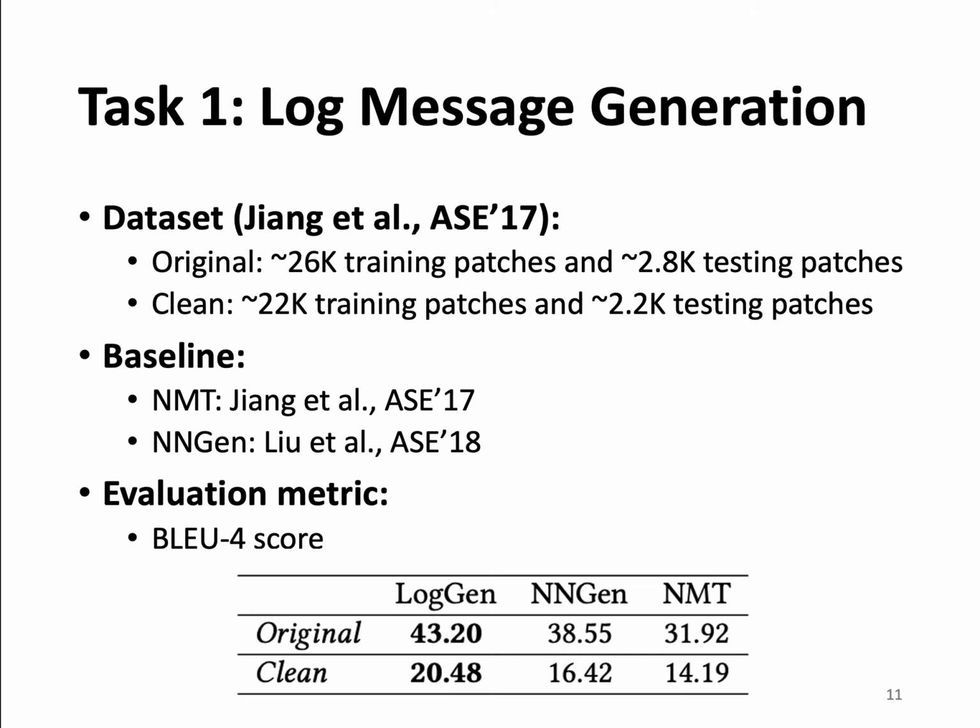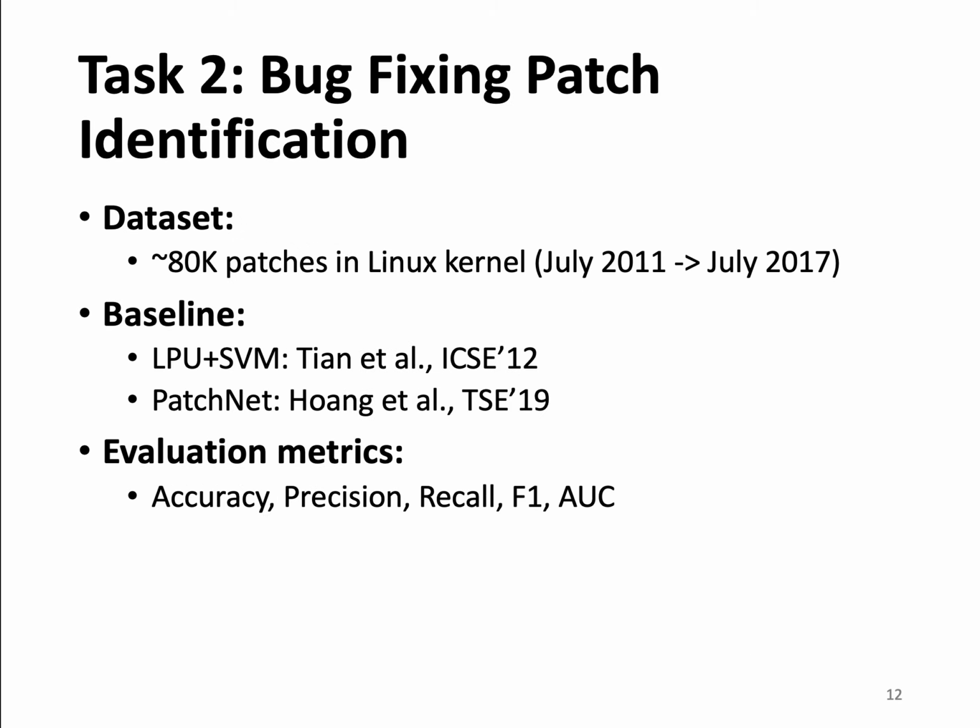In the second task, bug fixing patch identification, CC2Vec is first used to learn a distributed representation of the code change on the whole dataset, and all the patches from the training and the test data are used, with the log message of the test data as the target of the task.